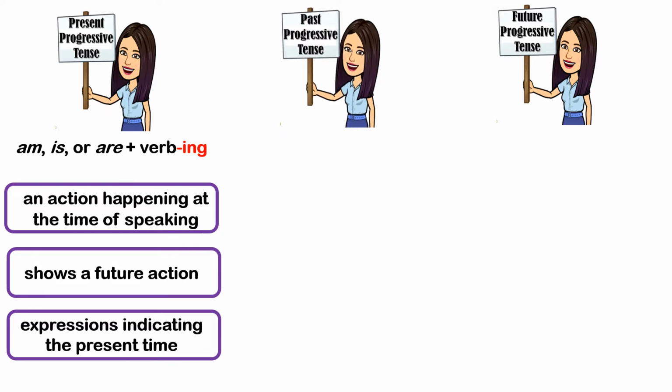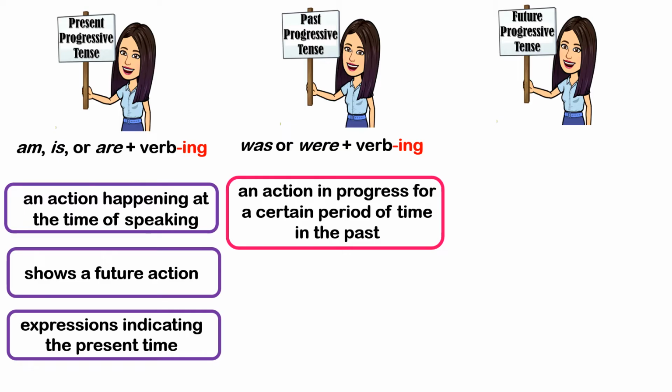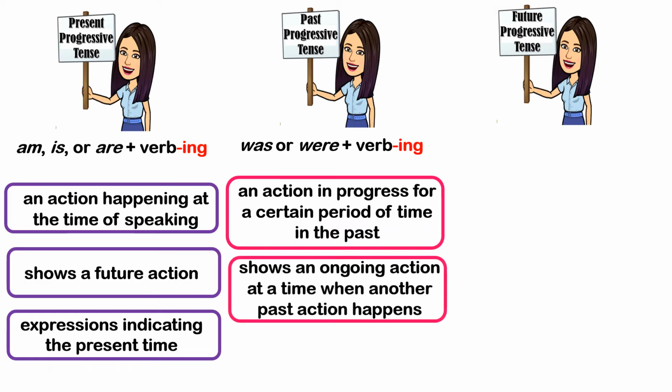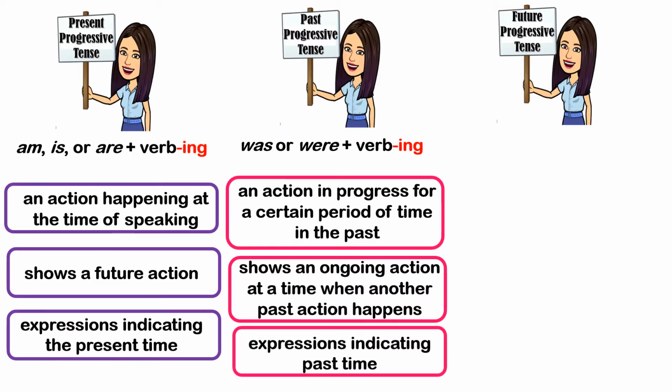Past progressive tense. The structure is was or were plus the ing form of the verb. An action in progress for a certain period of time in the past. It shows an ongoing action at the time when another past action happens.